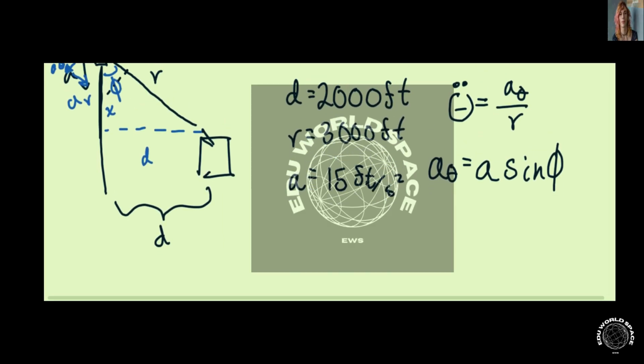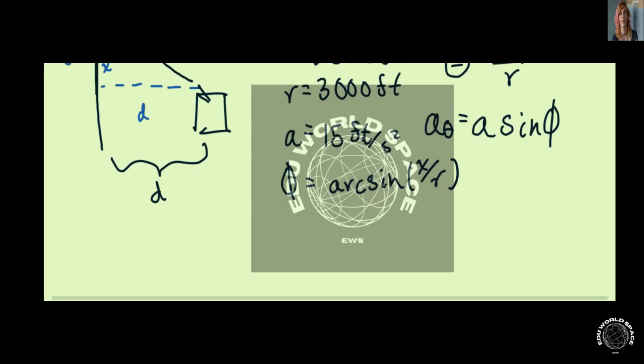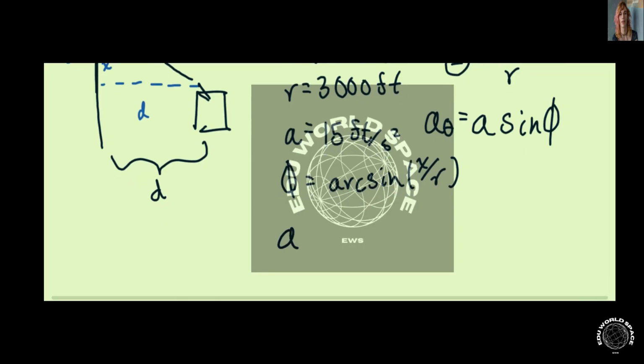Next, we can determine phi if we define a triangle where d is, again, the distance between the boat and the shore, and x is the distance between the point on the shore that is closest to the searchlight and the car.